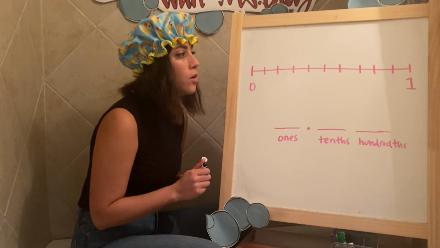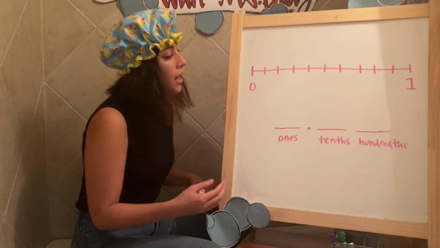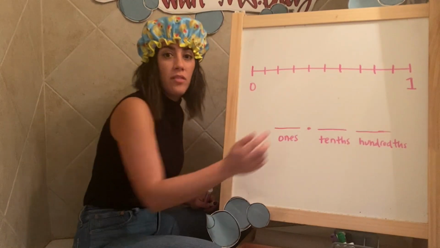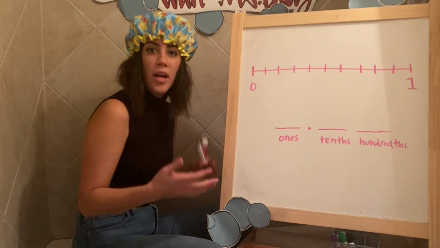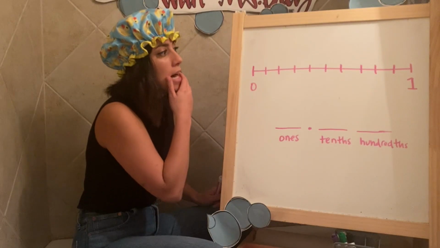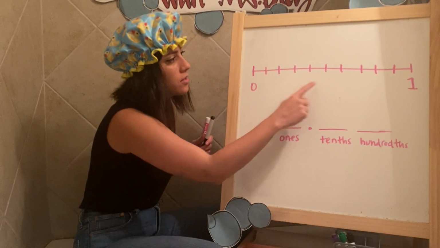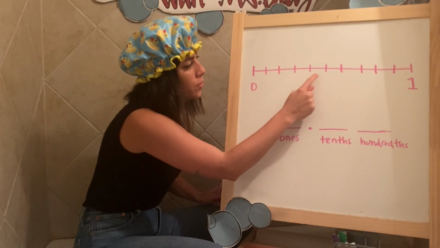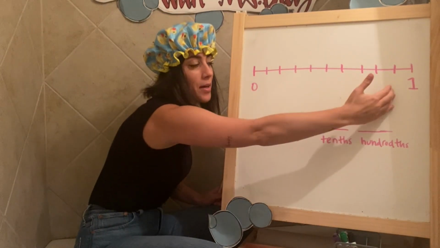We have been talking about fractions. I'm going to start there from 0 to 1. Last week we talked about 0 benchmarks, half benchmarks, and 1 benchmarks, and you were able to identify which one the fraction was closest to. What I'm going to show you is that we're going to label these because they're divided into 10 parts: 1, 2, 3, 4, 5, 6, 7, 8, 9, 10. So we're going to be talking about tenths.